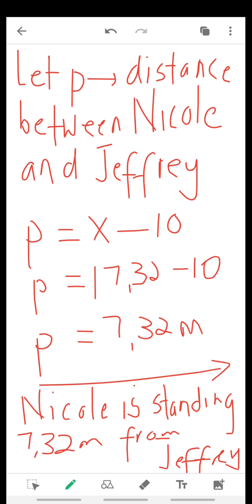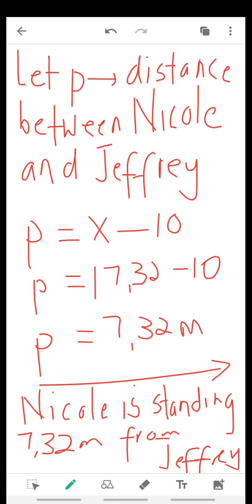Therefore, P, which is what we are asked to find, is equal to X minus 10, longer length minus shorter length. That is 17,32 minus 10. And therefore, P is equal to 7,32 meters. Nicole is standing 7,32 meters from Jeffrey. So apparently they are about 7.5 meters away from each other, or 7.3, something like that.